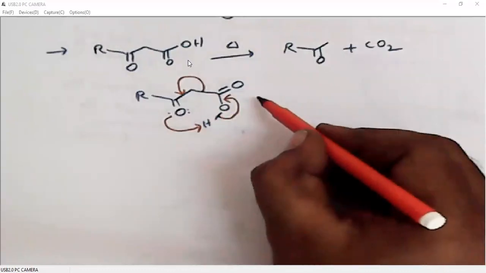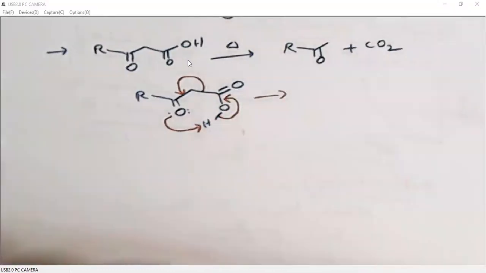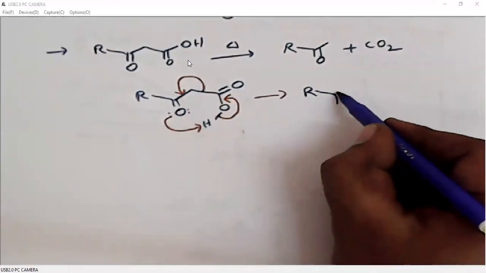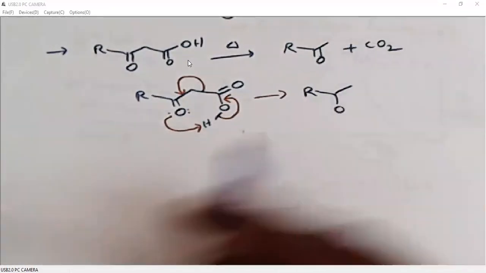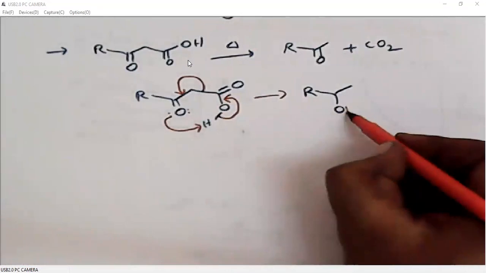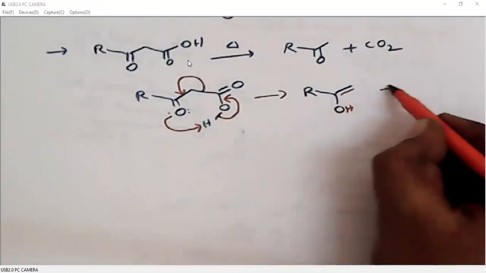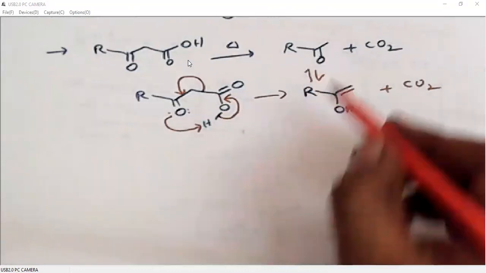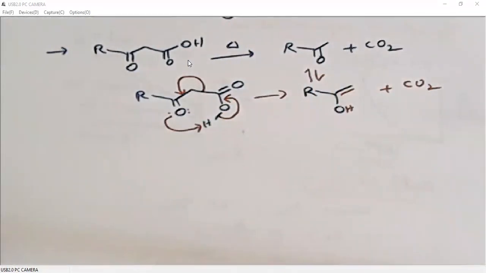So it becomes an enol plus carbon dioxide. So this enol will undergo tautomerization to give the ketone.